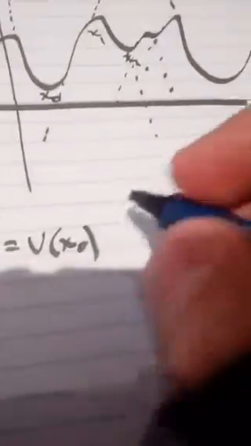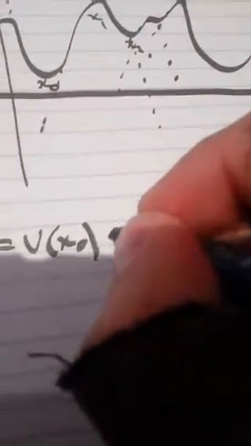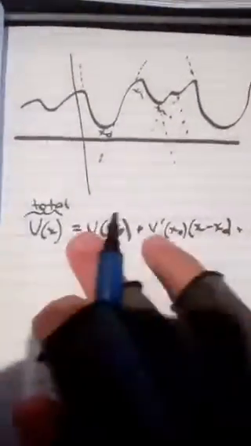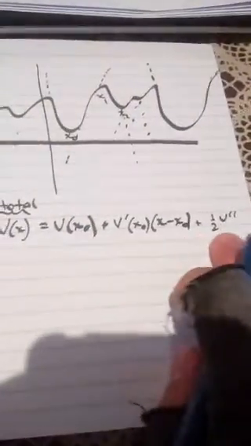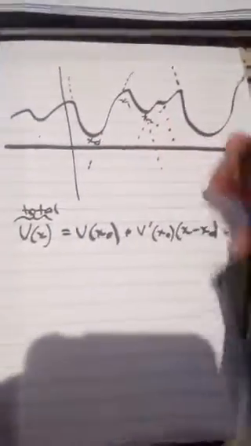You have all of the little equations, plus, and if anyone's done the Taylor series, in mathematics we write it like this: plus V dash, which is the derivative at x naught, multiplied by x minus x naught, plus half V double dash, and it keeps going. That's called a Taylor series. It is basically a representation of the infinite amount of equations that when you add them together, you get the total.